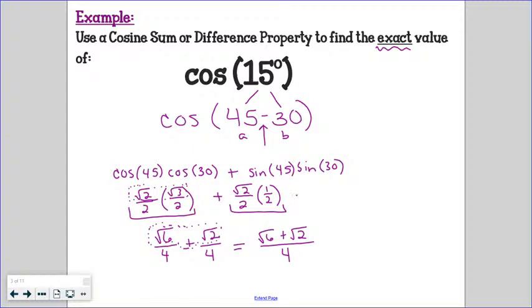Now here's the deal. Almost all our unit circle values are going to look like the ones you see in this row. And so all of our answers are going to very similarly resemble this one. Different positives and negatives, but we're going to see the same format of answer showing up over and over because of the values we're working with.